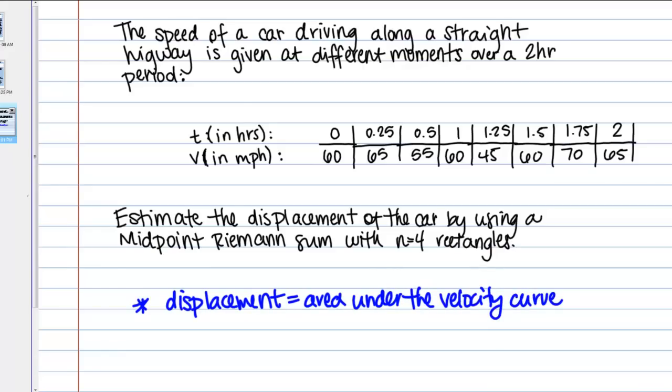So what we're going to do is approximate displacement by approximating the area under the velocity curve. Now, unlike the problems we've done before, we've done Riemann sum examples before, right? But we always had a function. Here we don't have a function. We have a few values. So we'll approach this a little bit different way.